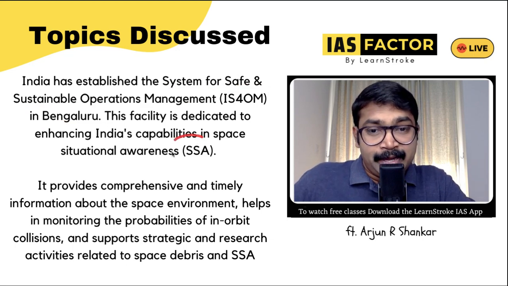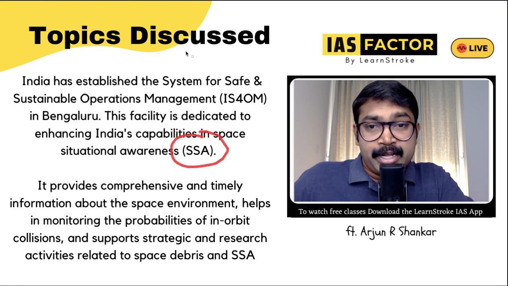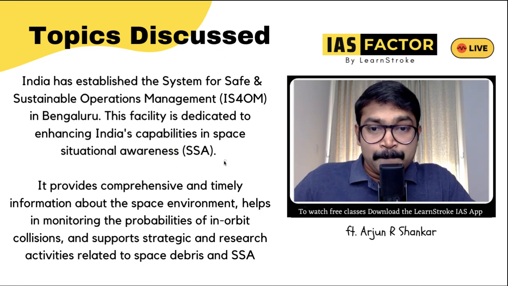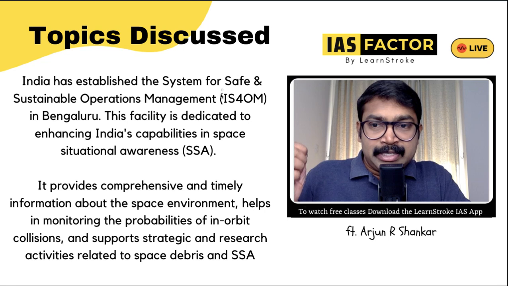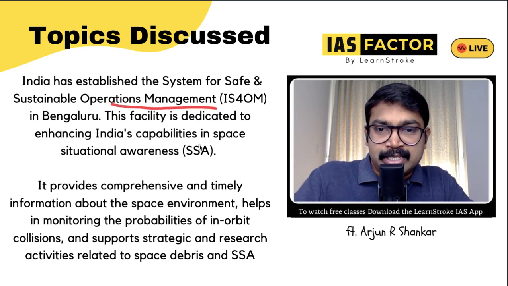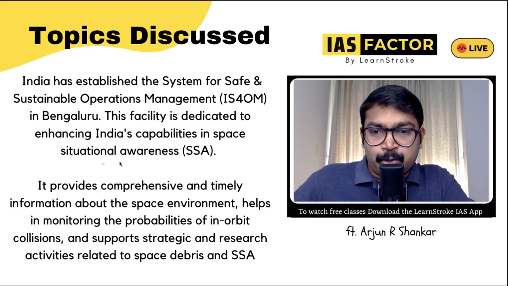Another important thing is SSA. What is the concept of SSA? India has also set up a Space Situational Awareness station. We have an SSA station in position. It is dedicated to space situational awareness.